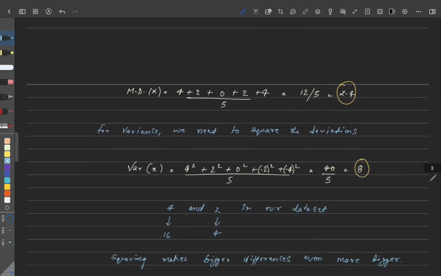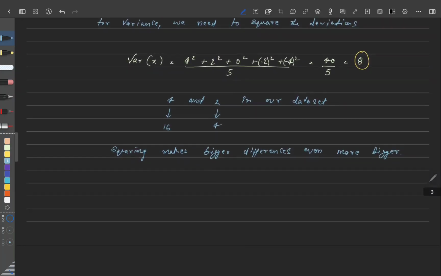That is what squared deviations are highlighting: the effect of outliers in the data. Okay, so we have understood how squaring helps.